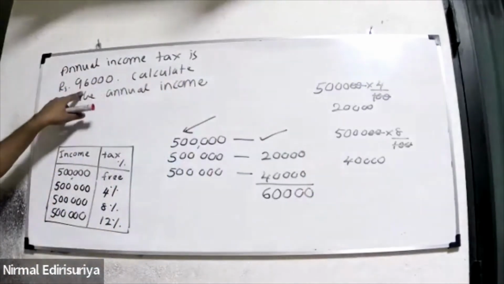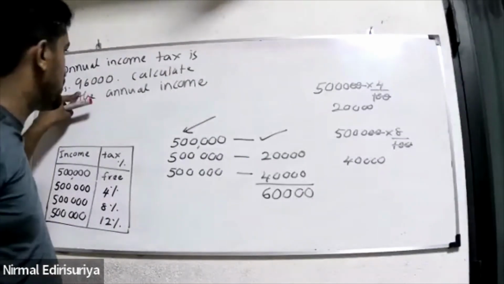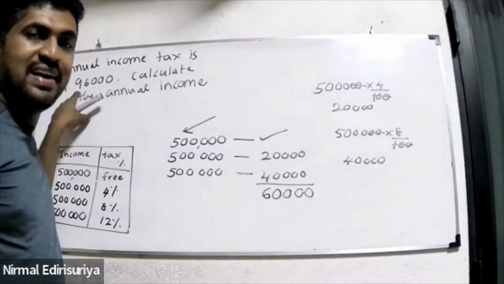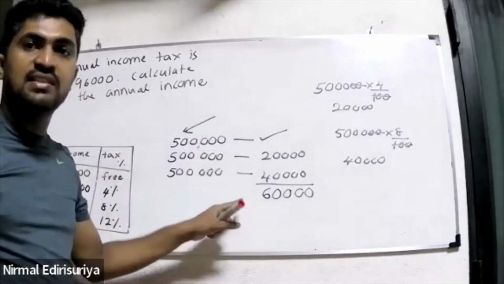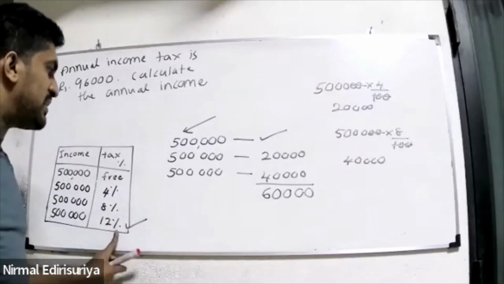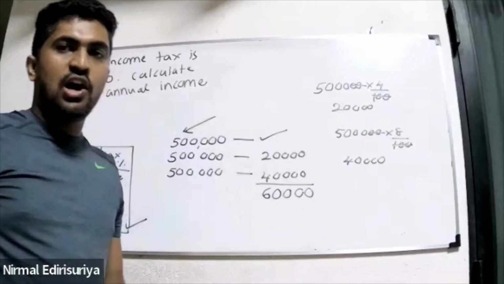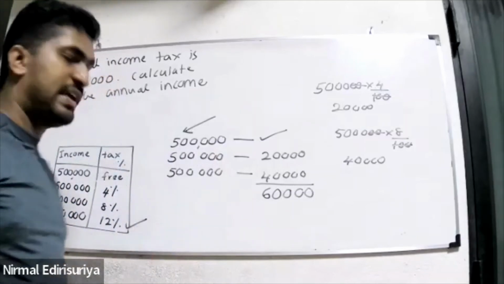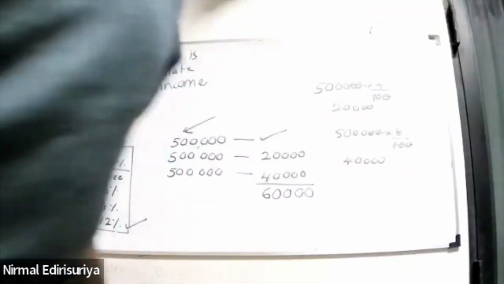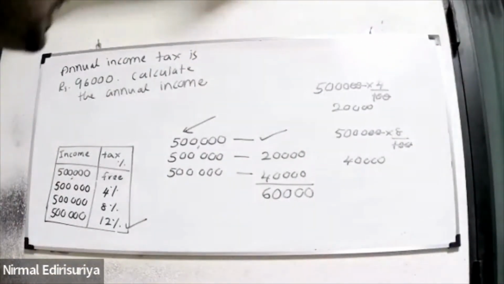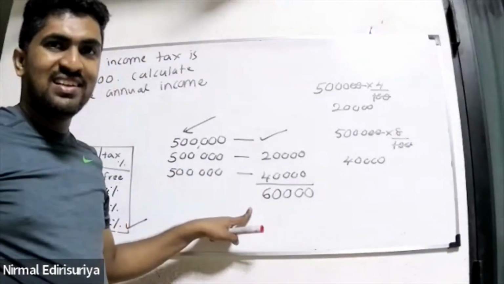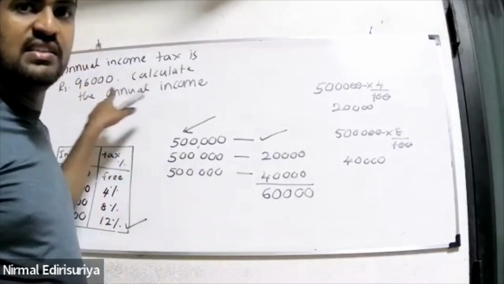But his total income tax is how much? 96,000. How much is he paying as tax in the fourth category? Up to here, 60,000 is paid as tax, and the total tax is 96,000.